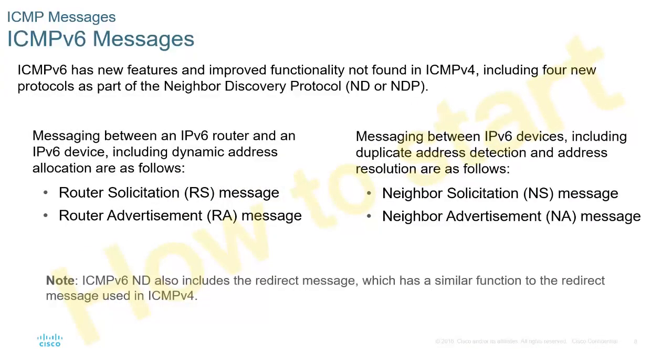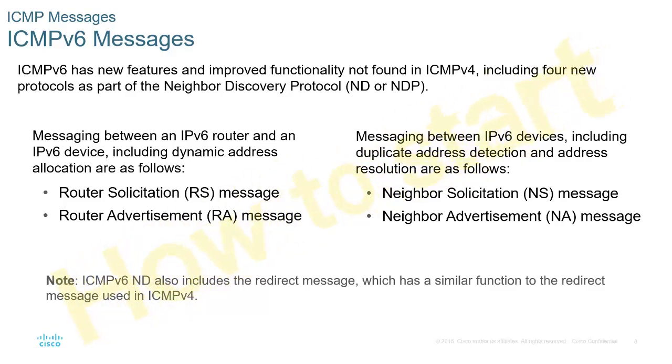Now let's look at ICMPv6 specifically. Here we have discovery protocols for our routers and our neighbors. With a typical IPv4 network, we could be using ARP, Address Resolution Protocol, as one way to detect the devices on our local network.